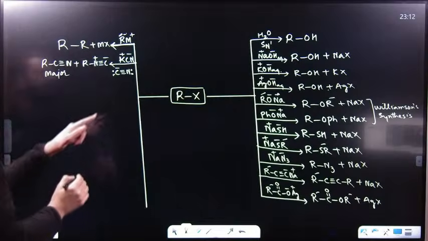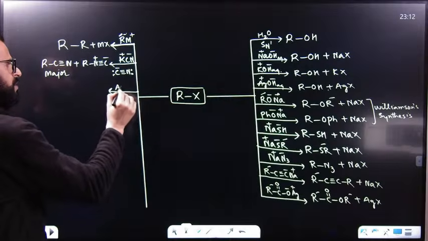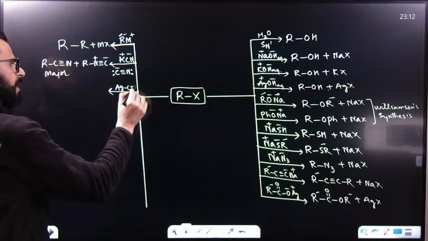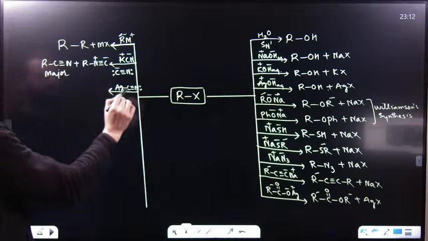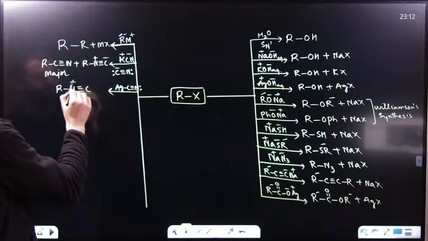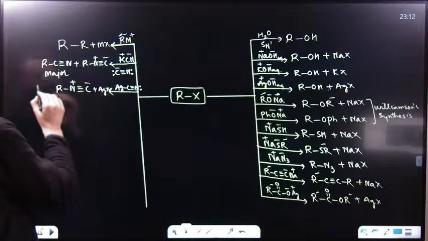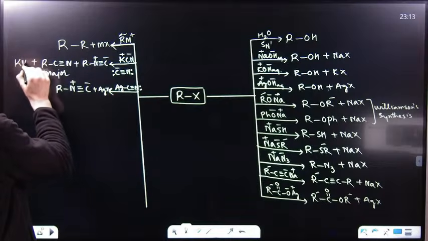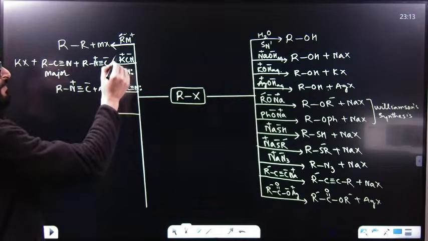So this is an ionic compound, K positive CN minus. But if you write down AgCN, it's a covalent compound. That's why only nitrogen is the donor site. So it will attack and it will result in the formation of RNC, alkyl isocyanide, plus AgX. Here the side product will be KX. So this is a covalent compound, that's an ionic compound.